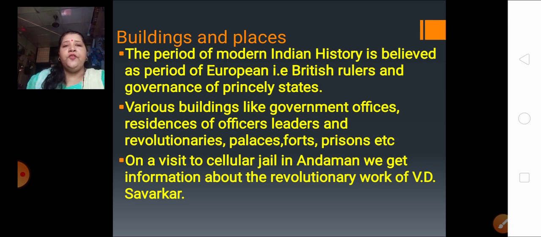We get information about the revolutionary work of V.D. Savarkar, that is Vinayak Damodar Savarkar.